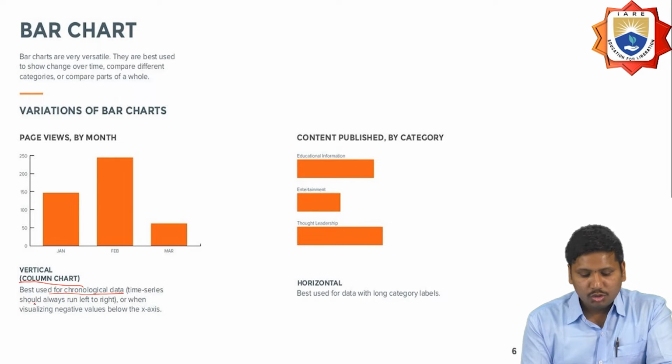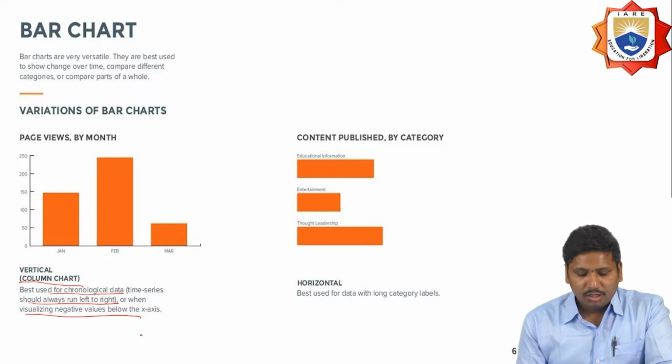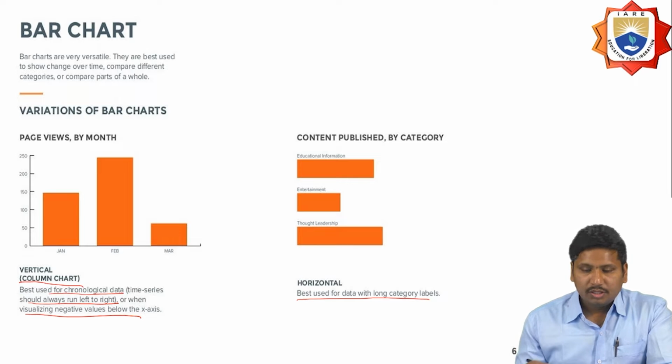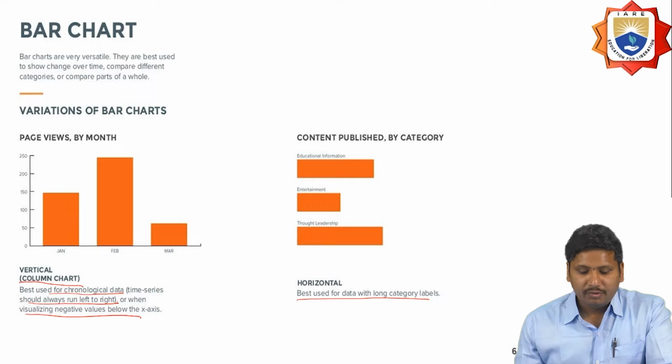The time series should always run left to right, with negative values visualized below the x-axis. Whereas the horizontal bar chart is best used for data with long categorical labels. Okay, so these are the different types of bar charts we have.